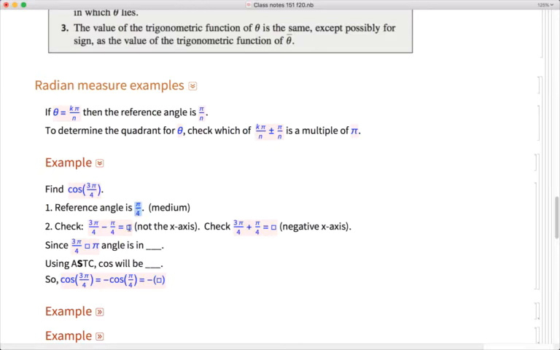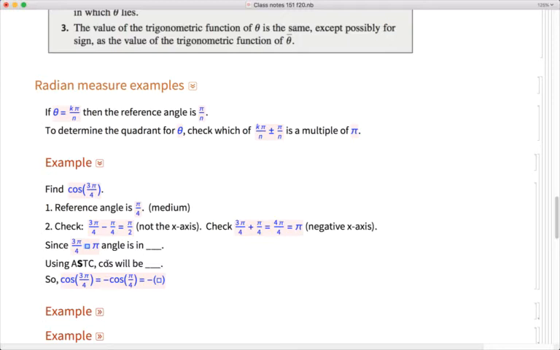Okay, so now we're going to take 3 pi over 4 and we're going to subtract and add pi over 4. When we subtract pi over 4, we get 2 pi over 4. That's pi over 2, and that's not the x-axis. When we add, we get 4 pi over 4, and that's pi, and that's the negative x-axis.